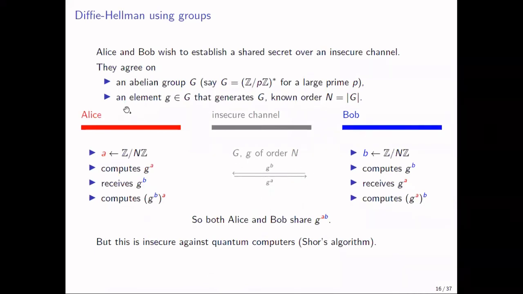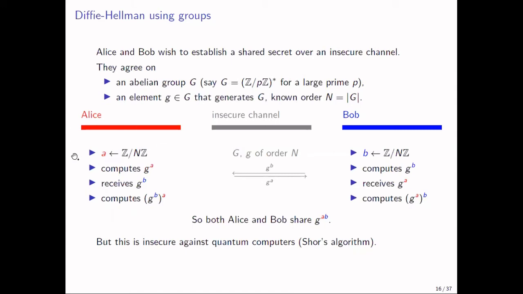And how they do that nowadays is that they agree on an abelian group, and they agree on an element that generates the group, and it's going to be an element of known order. Well, they want to establish a shared secret.